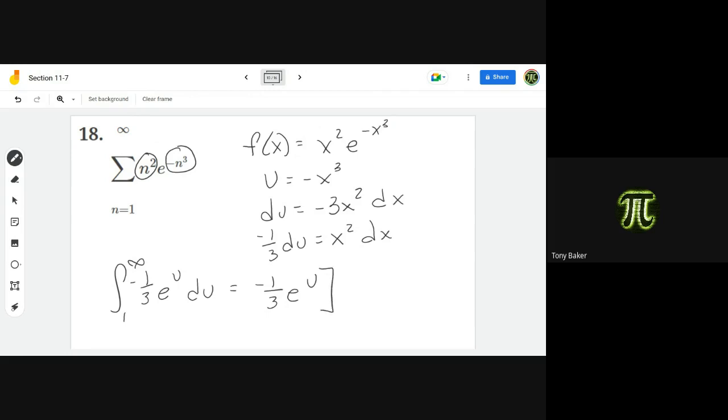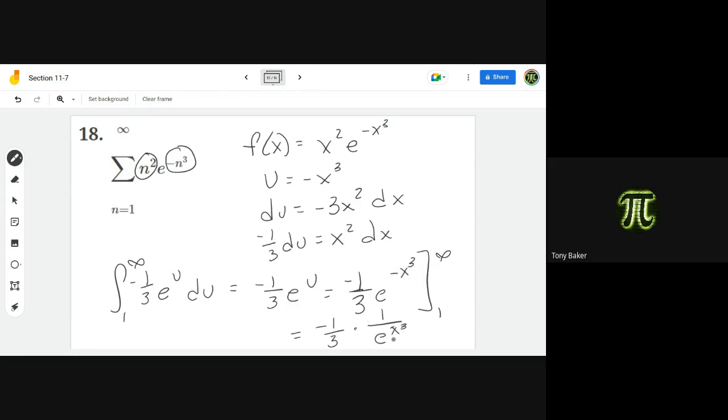Oh, I got to change it first. I change it back to the negative x to the third. So if I plug in infinity into this, as that's a negative exponent, that is basically 1 over e to the x to the third.